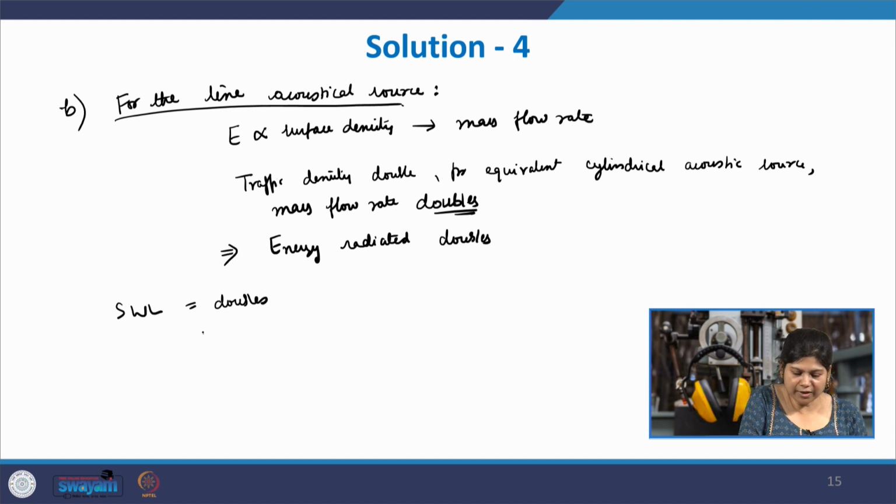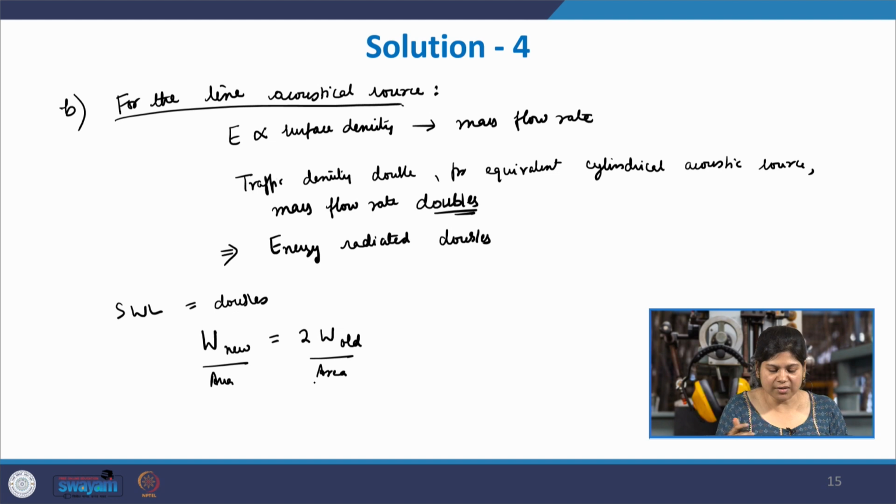So, which means that the power of the new traffic source should be twice the power of the old traffic source. Now, if you divide this by the area of measurement, considering both are being measured at the same reference point, this also means that the intensity due to the new source is twice the intensity due to the old traffic source.